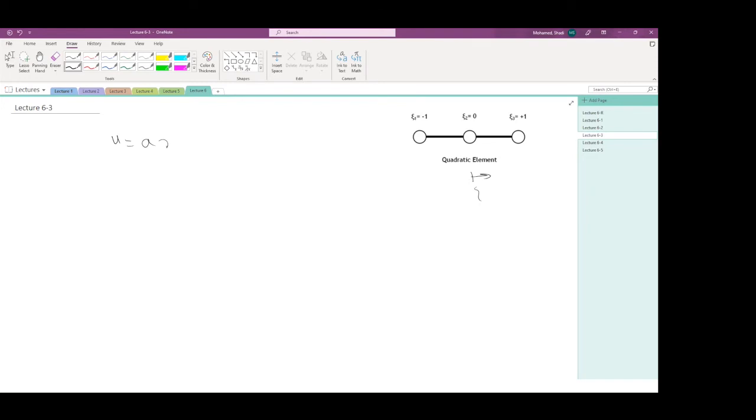U is a x squared plus b x plus c, sorry, it's not x, it's xi now. So a xi squared plus b xi plus c. At xi equal to minus 1, so we're starting at the first node here. This is the second node, and this is the third node. So at xi equal to minus 1, we have u equal to u1, which is a multiplied by minus 1 squared plus b multiplied by minus 1 plus c.